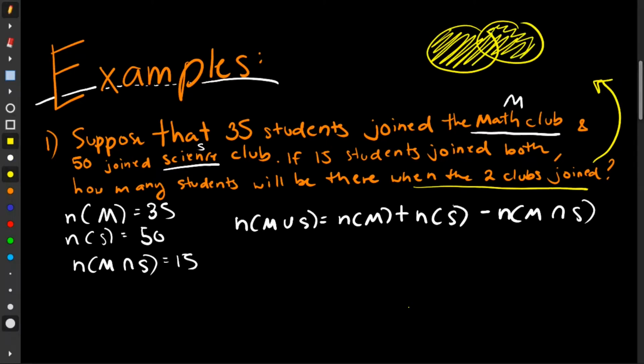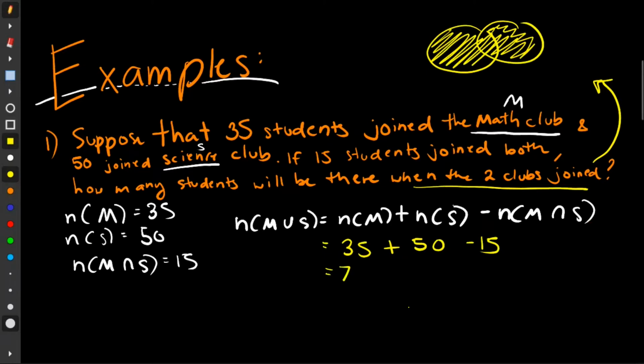So for this, the cardinality of M is 35, the cardinality of S is 50, and the cardinality of their intersection is 15. When we add these, 35 plus 50 is 85, minus 15 would give us 70. So the number of students when the two clubs join will be 70.